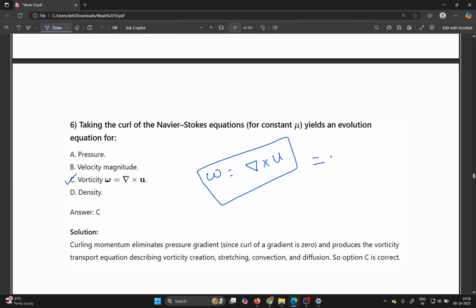What is the exact meaning? Write i, j, k, then del by del x, del by del y, del by del z, and u, v, w.